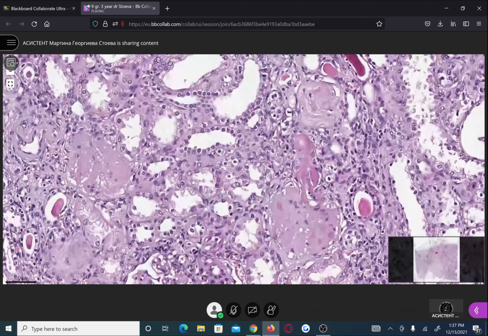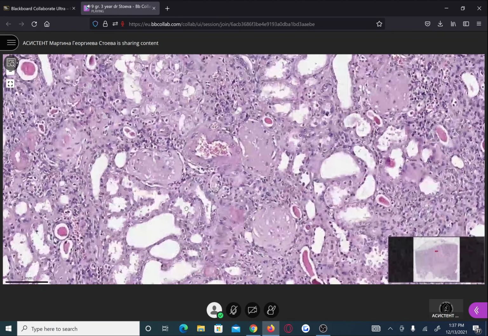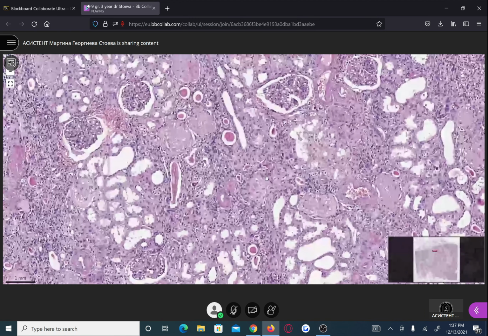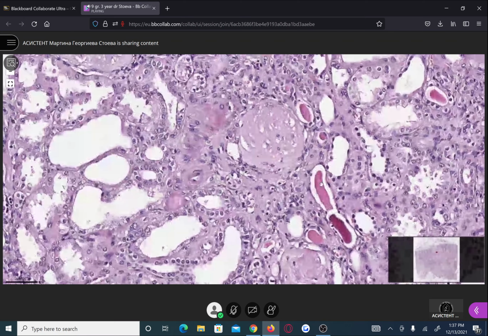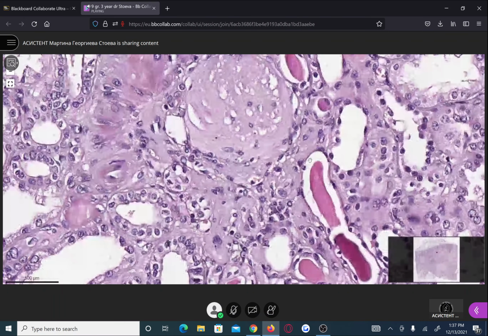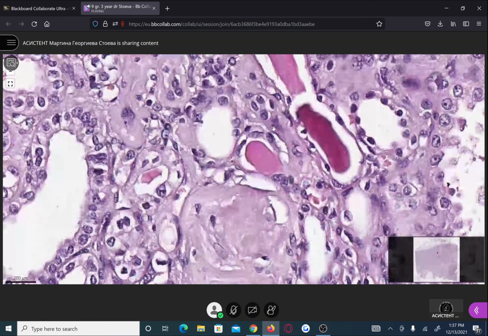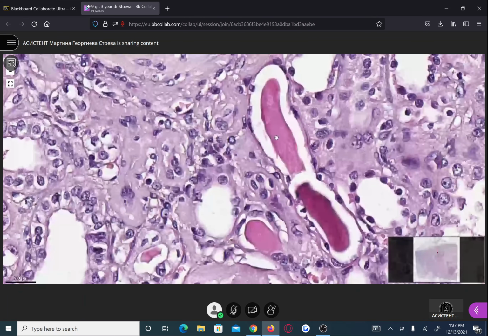Don't even comment on it. Nobody will ask about it. And if you mean these structures, in some structures we can find homogeneous pinkish material in the lumen, but these are tubules. They are not blood vessels. This is some proteinaceous material in the tubules, but don't comment on them again.